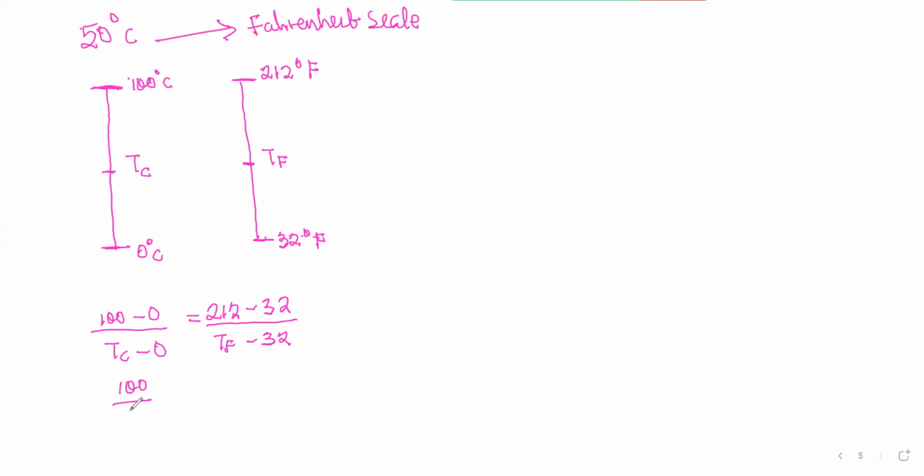So 100 over TC is equal to 180 over TF minus 32.